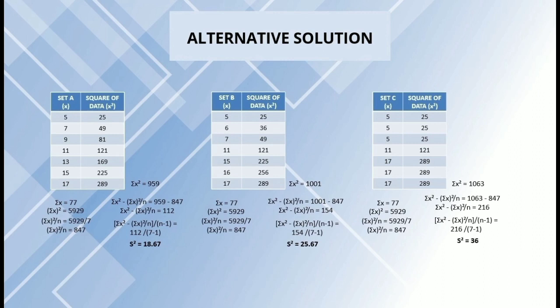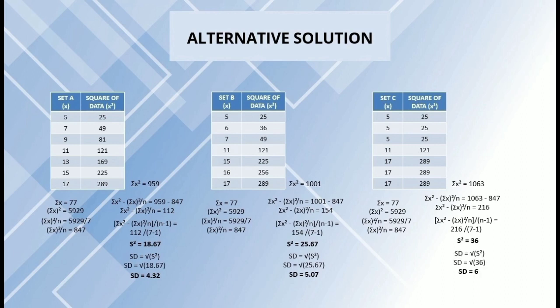Afterwards, we can get the standard deviation for each data set by solving for the square root of each set's variance. So for set A, its standard deviation would be equal to 4.32, which is the square root of 18.67. Following the same procedure for sets B and C, the standard deviation of set B is 5.07, while set C would have a standard deviation of 6.